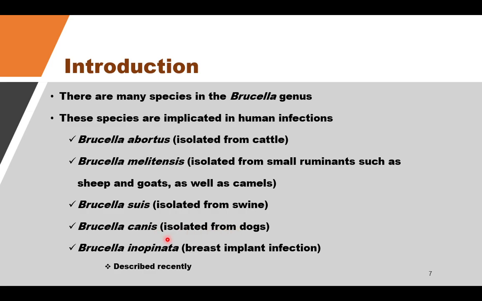The last strain is not, strictly speaking, a zoonotic infection. It's a newly described strain of Brucella found to cause infection in women who have undergone breast augmentation. So when you have infection in a female patient who has undergone plastic surgery for breast enhancement, you should include this agent on your list of differentials.